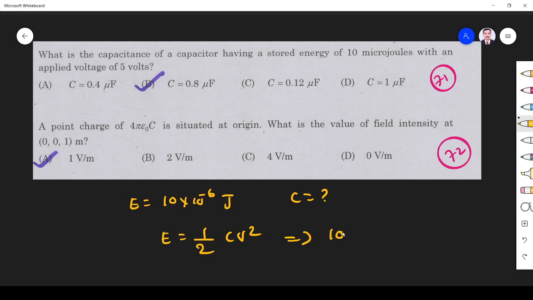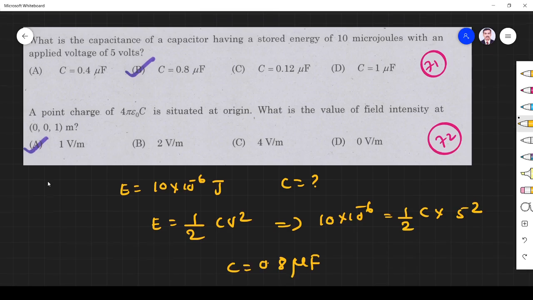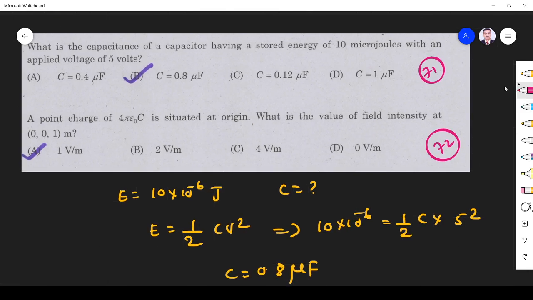This implies 10 into 10 power minus 6 is equal to 1 by 2 into C. V is 5 volt, so 5 squared. If you simplify, what you get is C is equal to 0.8 microfarad. So option B is the right answer.